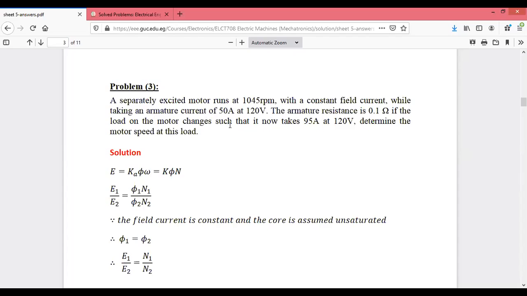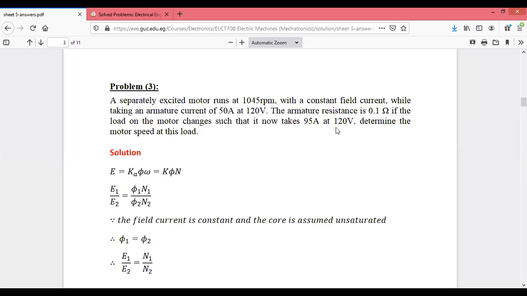If the load on the motor changes such that it now takes 95 ampere at 120 volt, determine the motor speed at this load. It means you are supposed to find the value of speed with this load. Here we are aware of the EMF equation, in the form of a constant term, phi and omega, because the voltage will not change.